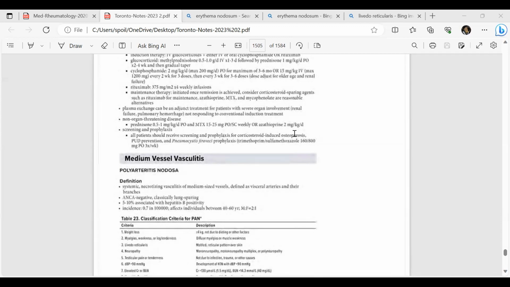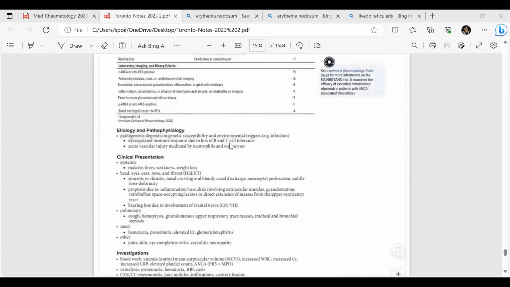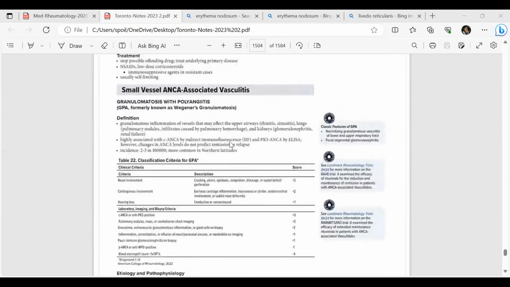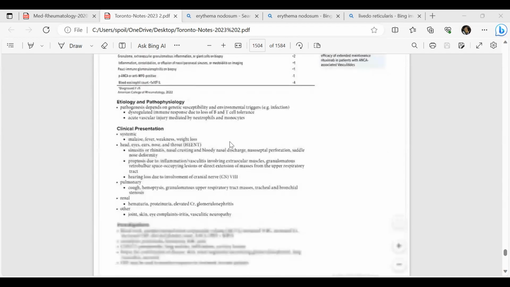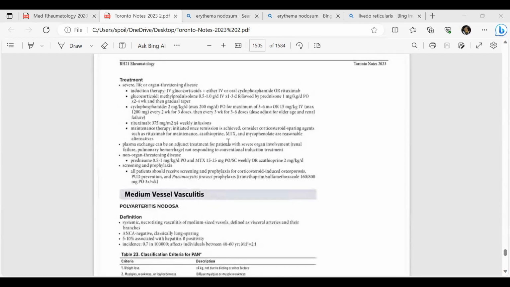So this one is also important while we are treating small vessel ANCA associated vasculitis, because we are giving so many medications. Steroids cause osteoporosis.